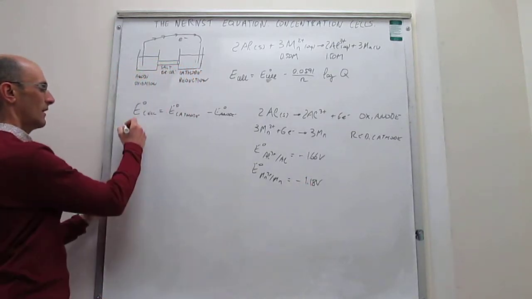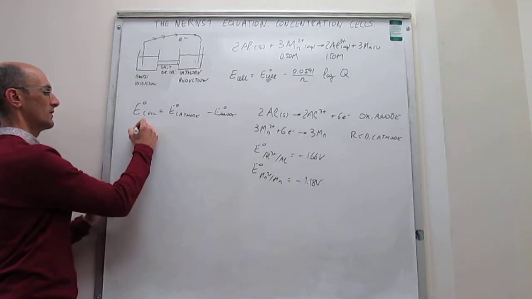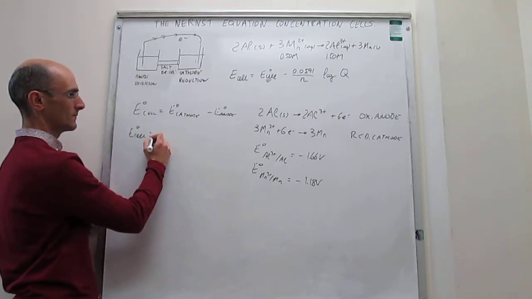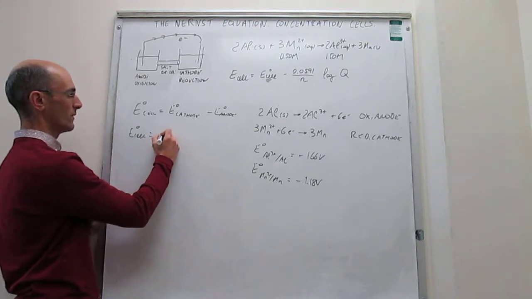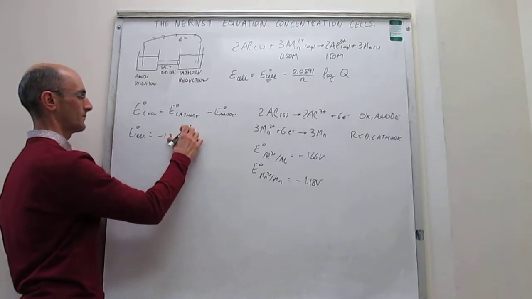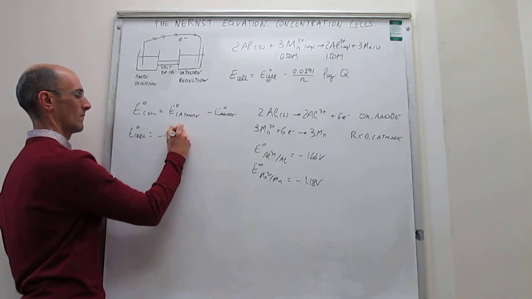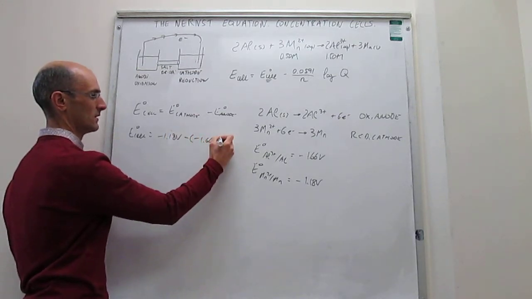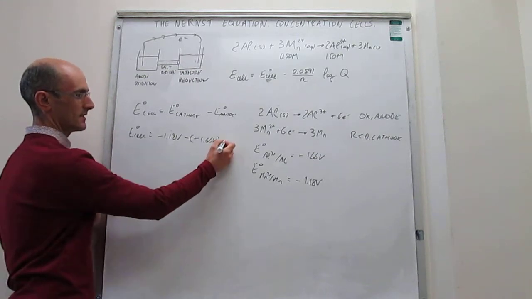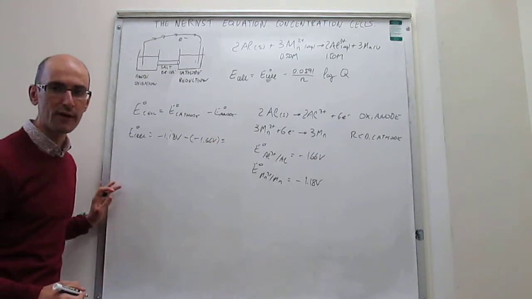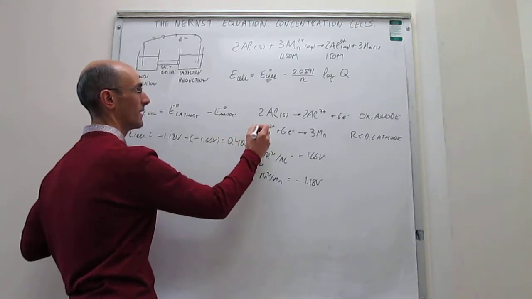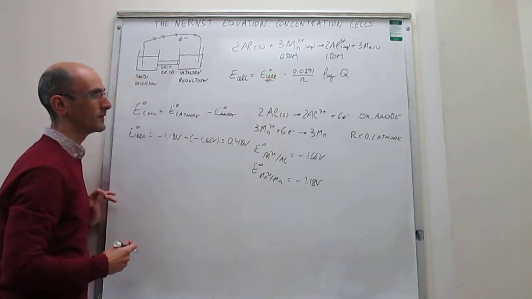All right, so then our standard potential for the cell will be the cathode, which is minus 1.18 volts, minus the anode, which is minus 1.66 volts. Okay, this gives us a standard cell potential of 0.48 volts. Okay, so we already have this piece of the equation.